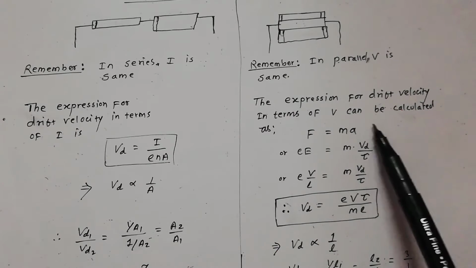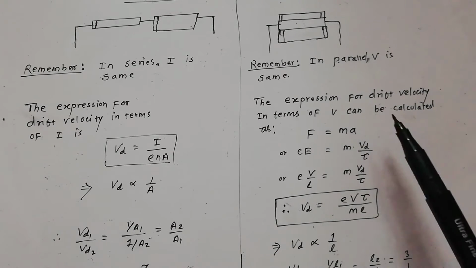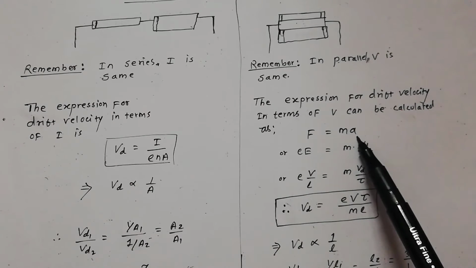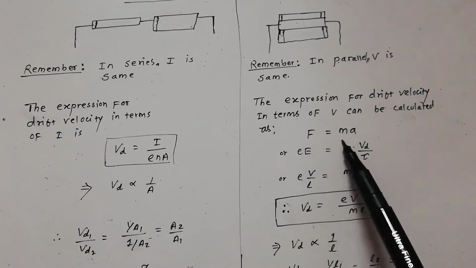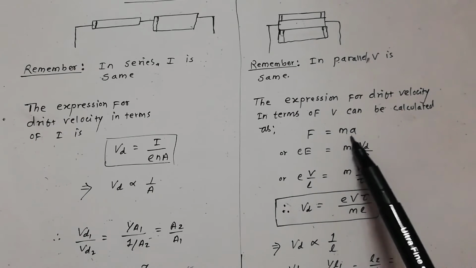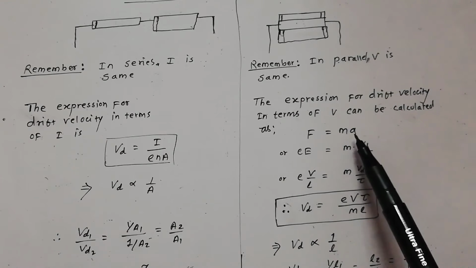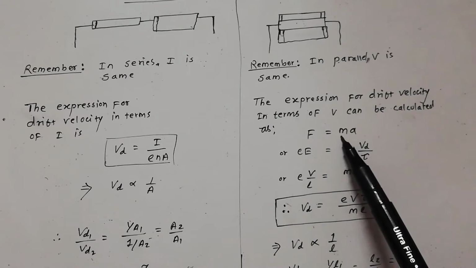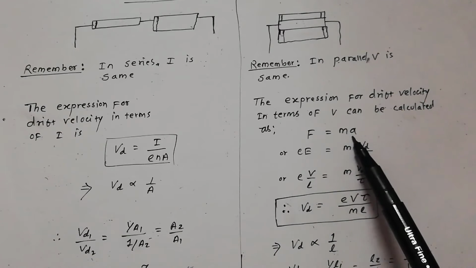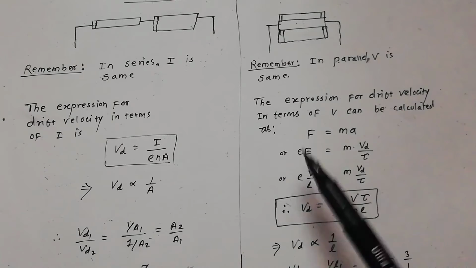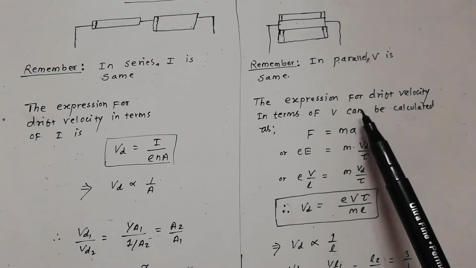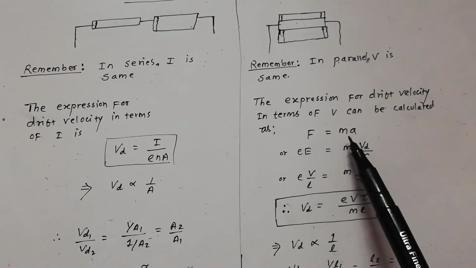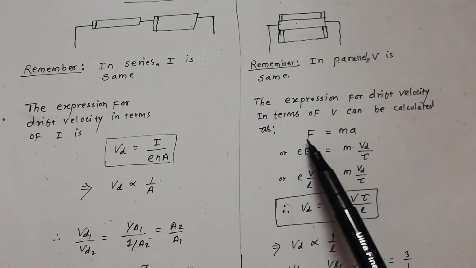According to Newton's second law of motion, if a particle of mass m is acted upon by an external force F such that the particle undergoes some acceleration a, then the force applied can be measured by the product of the mass of the particle and the produced acceleration. This is the condition which is also happening in the case of an electron inside the conductor when we supply the external electric field inside of it.